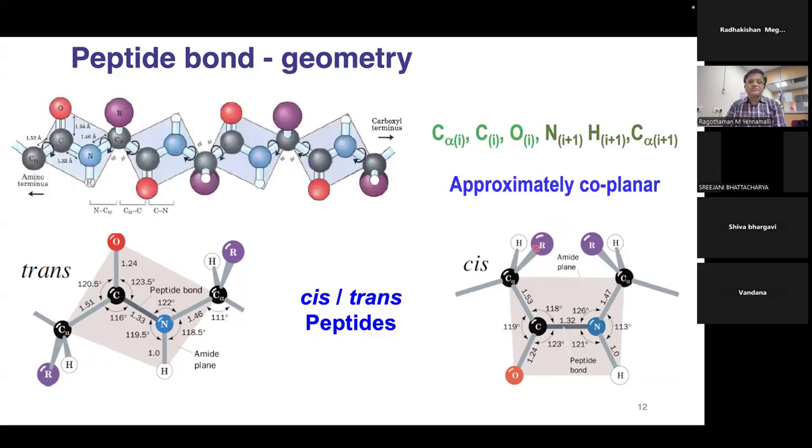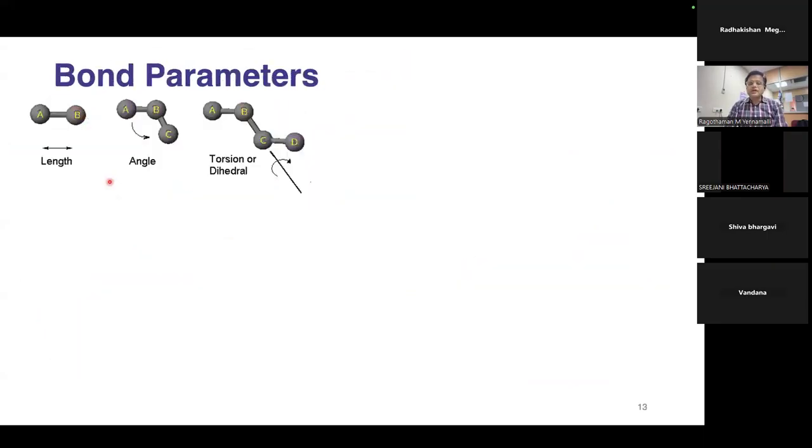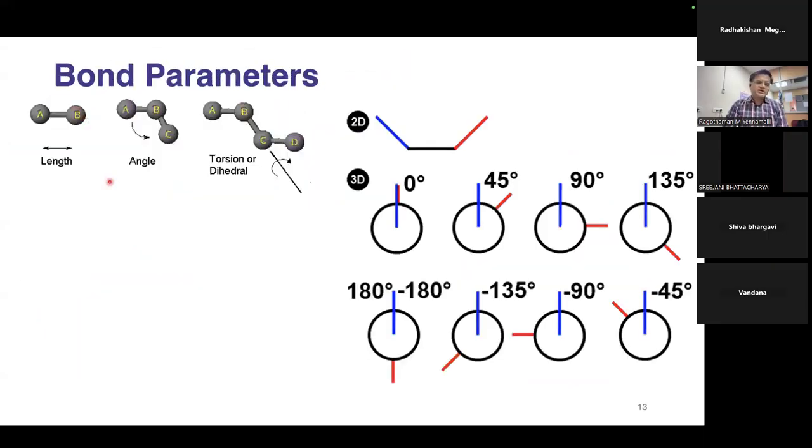If you imagine the entire polypeptide in a trans configuration, with the magenta or purple spheres as the R groups and the peptide bonds shown in the rectangles, you will see that there are these black arrows. It is only these bonds that can be rotated, and we call these rotational bonds torsional bonds. Torsional bonds are not made up of four atoms, but basically it's an angle made between two planes.